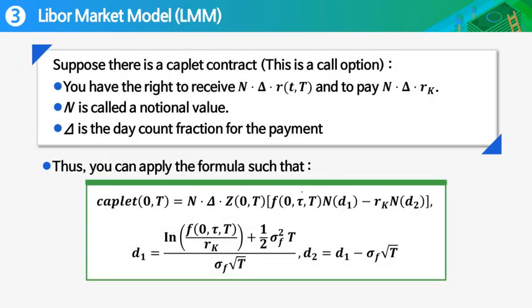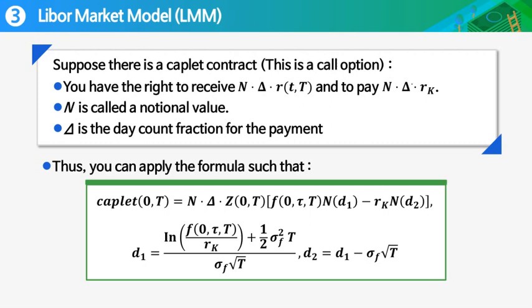Now, because it is very close to the Black-Scholes formula, let's do the derivative pricing. Suppose there is a caplet contract. A caplet is a kind of call option. Because it's a kind of call option, you have the right to receive N multiplied by delta multiplied by R, T, big T, and to pay N delta R K. So this part is something you get.